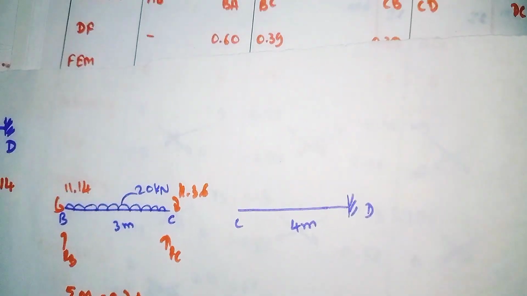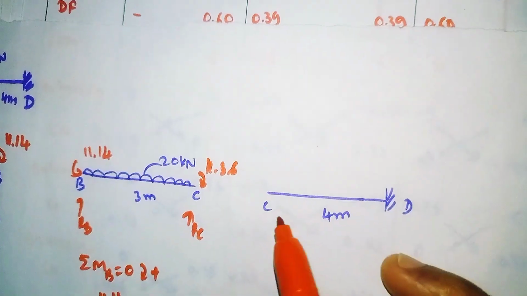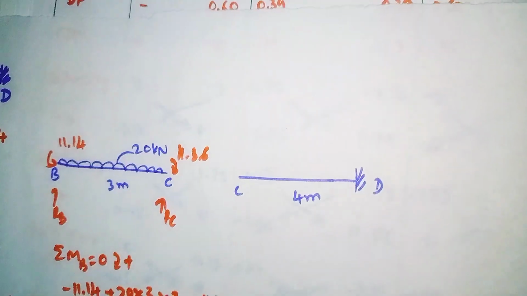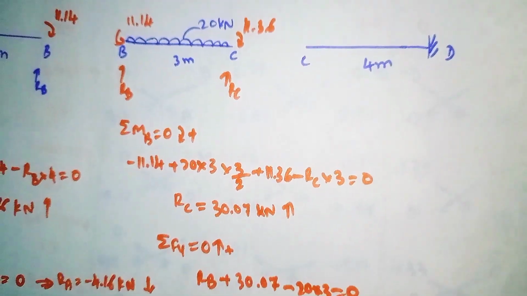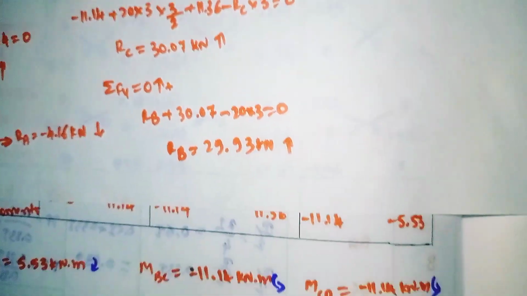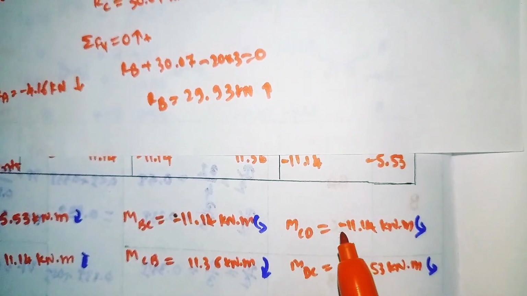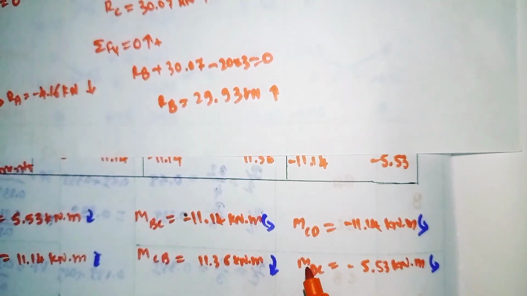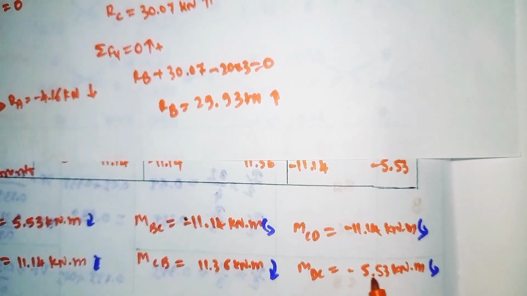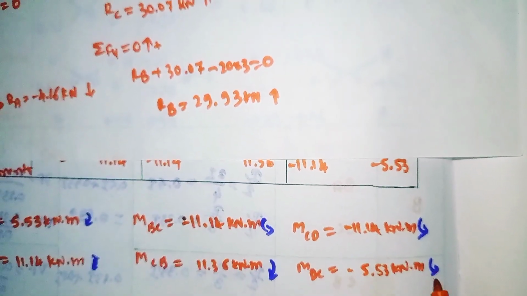Similarly, if you find out for the span CD, the moment values for CD and DC we will see. For CD we have minus 11.14, it is anti-clockwise rotating, and for DC we have minus 5.53, it is also anti-clockwise.